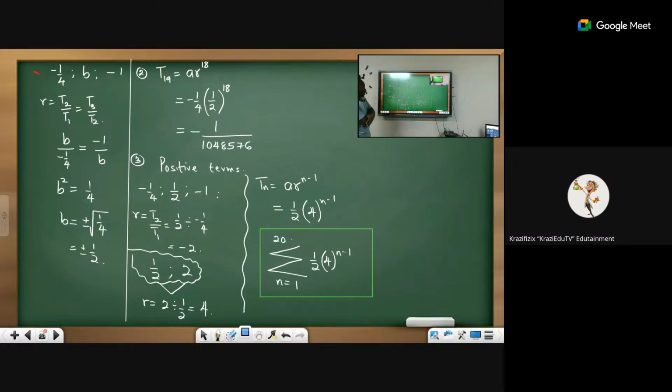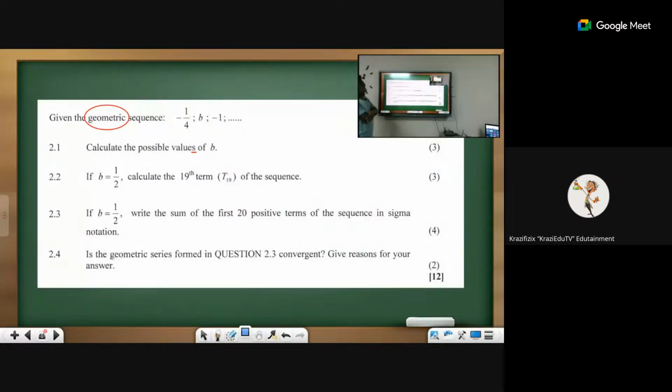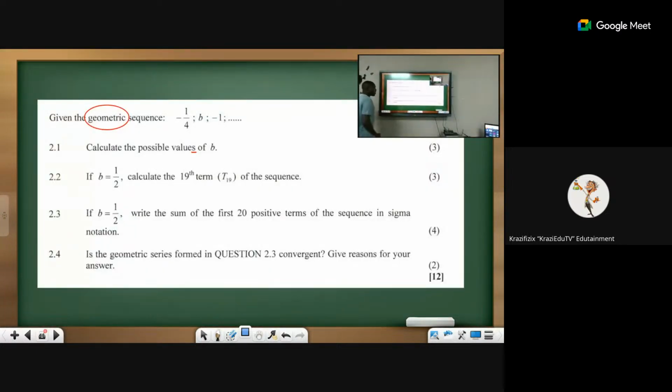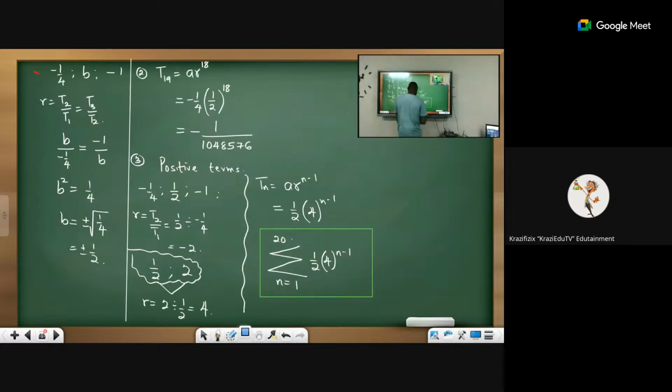Okay, let's look at the last question on this one. Is the geometric series formed in question 2.3 convergent? Give a reason for your answer. What is the rule of convergence? R must be between -1 and 1. Now, in 2.3, what is our ratio? Our ratio is 4.